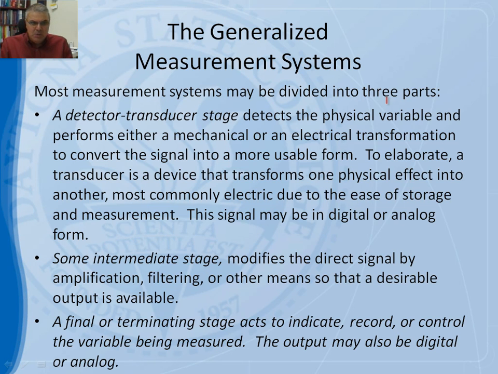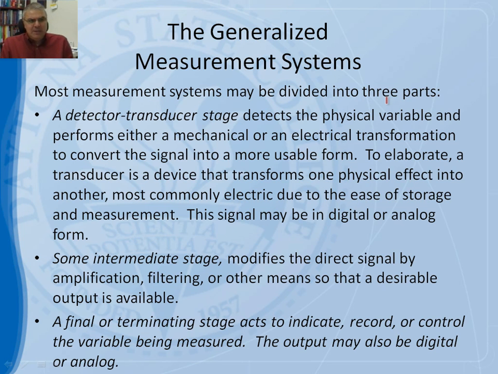You would need to conceptually understand what a detector transducer stage would do. A detector transducer stage detects the physical variable and somehow performs a transformation. That could be either a mechanical or an electrical transformation. And what it does is convert the signal that was detected into a more usable form.